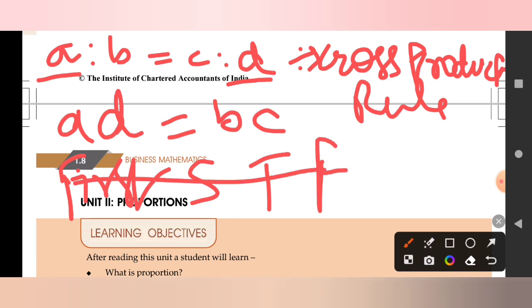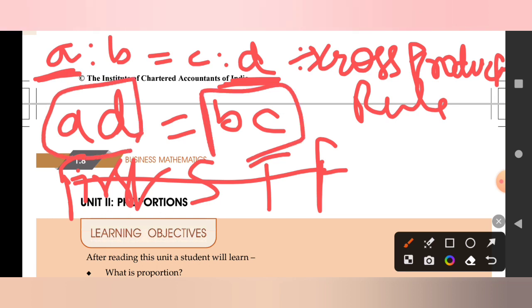So in all this, A and D are extreme ends, right? And B and C would be called middle terms, middle numbers, so means. So how to read this equation?